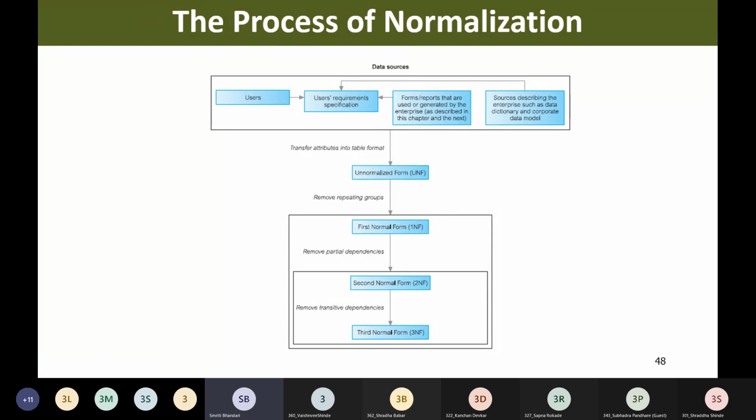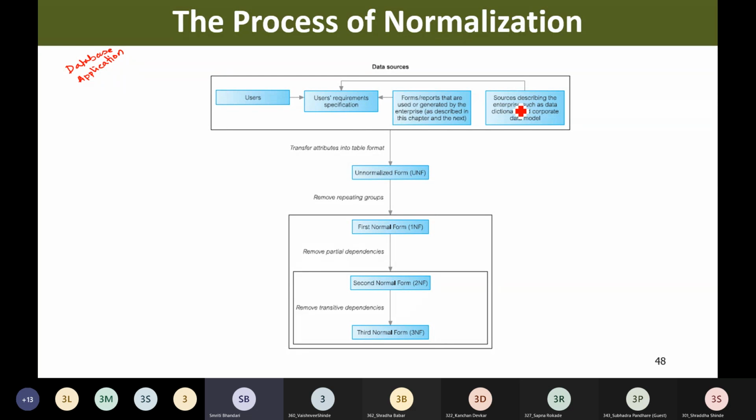So what we have here is, we begin with data collection. If we want to build any database application, then the first step is gathering the data, right? There are various sources for collecting the data.